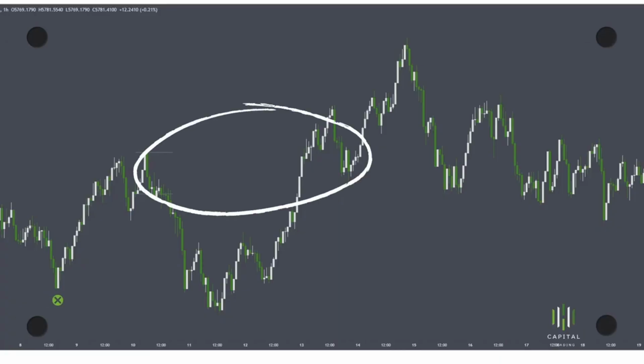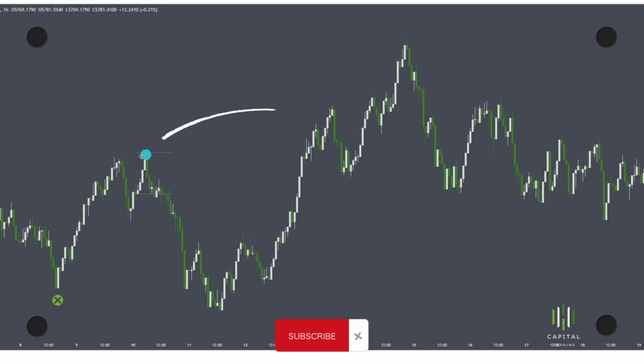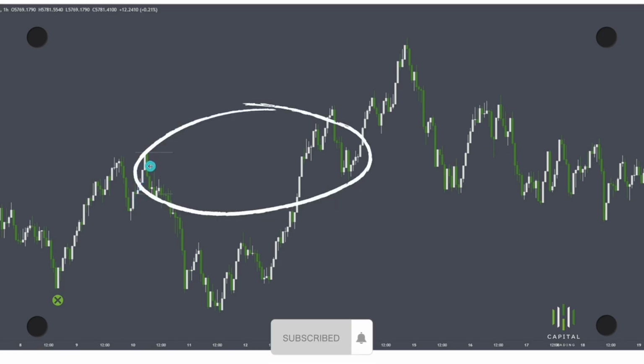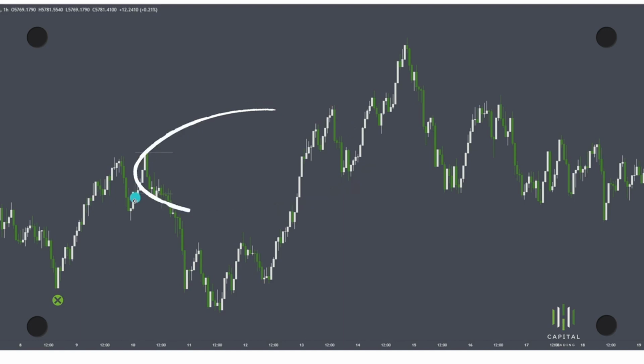So this is a demonstration. This is how you identify a breaker block, or a bullish breaker block. If you look at this over here, you realize that what I did is I took four candles because they were all going up.